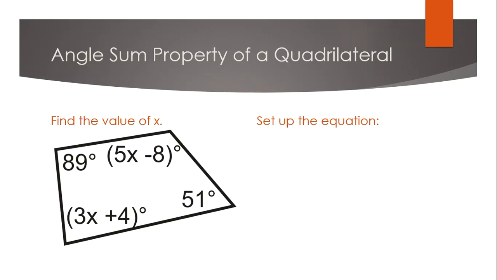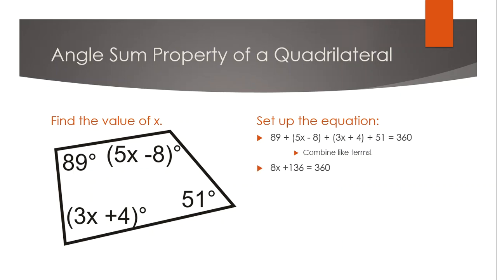So let's put that angle sum property to use and look at an example. Here we have a quadrilateral with some angle measures, and we need to set up an equation. So we'll say that 89 plus 5x minus 8 plus 3x plus 4 plus 51 equals 360. We need to combine like terms.